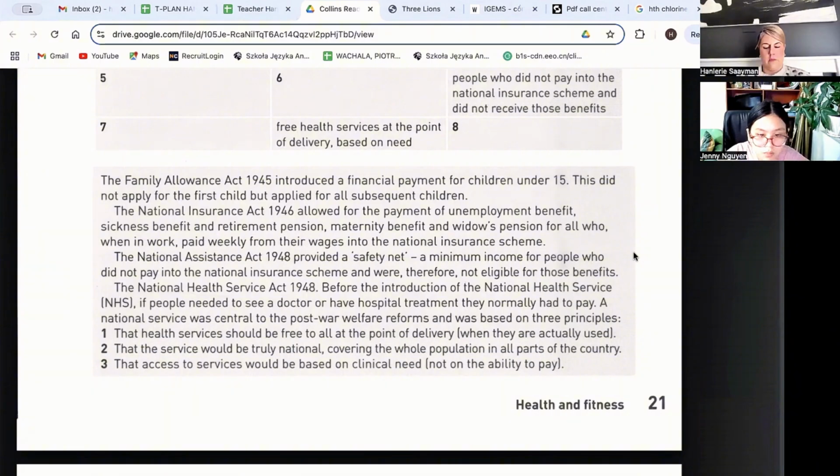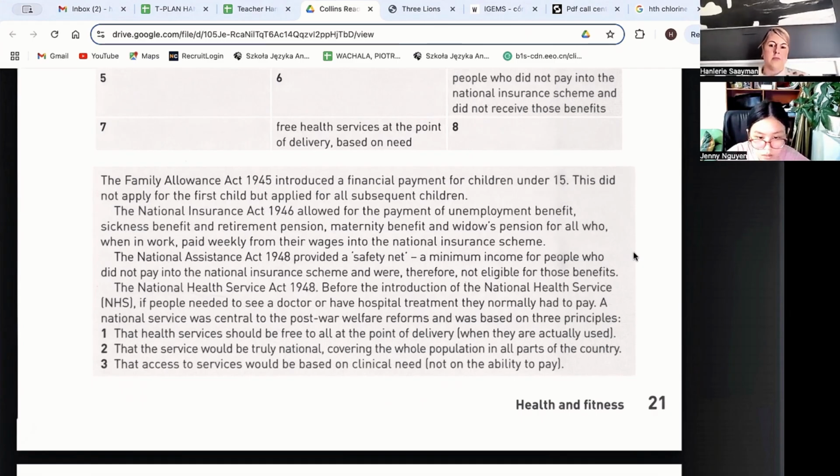The National Health Service Act 1948: before the introduction of the National Health Service, people who needed to see a doctor or have hospital treatment would normally have to pay. A national service was central to the post-war welfare reform and was based on 3 principles. 1.